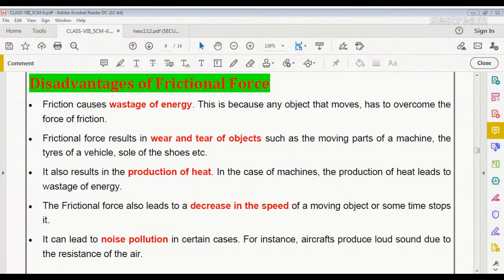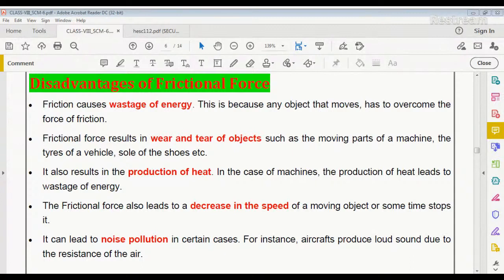Now just think, would it be possible to hold the glass at all if there is no friction? Now recall also how difficult it is to move on a wet muddy track or wet marble floor. Can you imagine being able to walk at all if there were no friction?